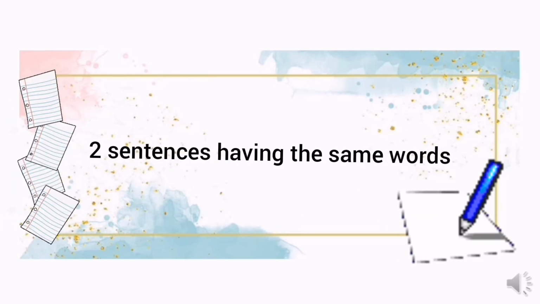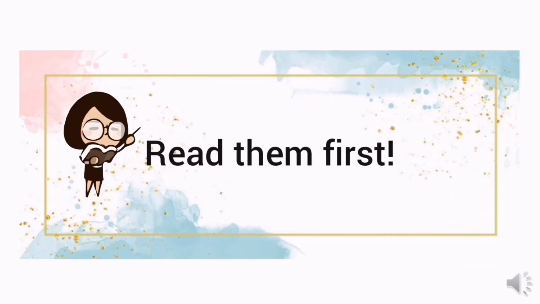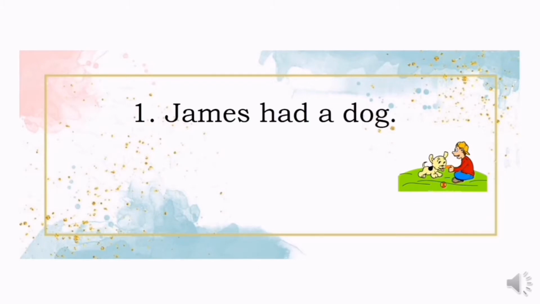I have here two sentences having the same words, but is there a difference in meaning? Let us all find out. Number 1 sentence. Kindly read it. Number 2 sentence.